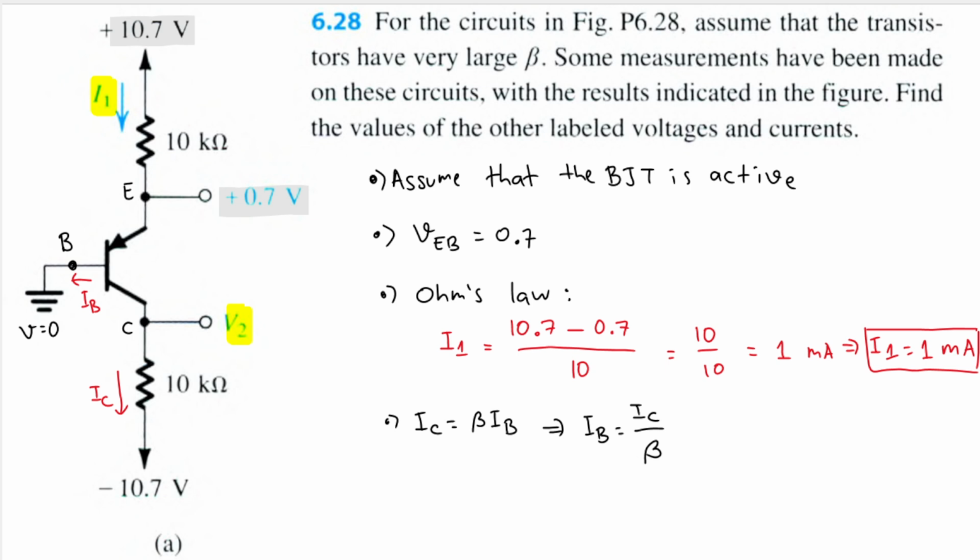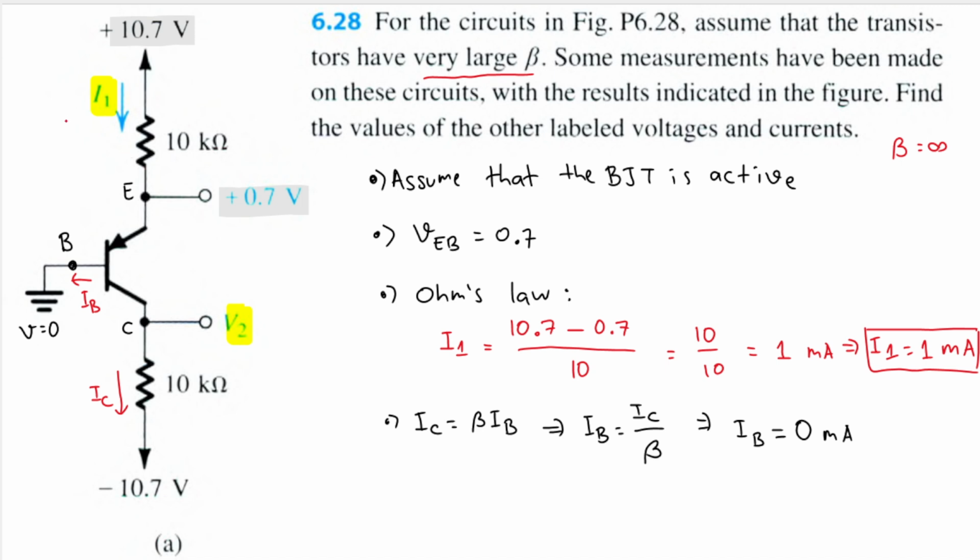Remember from the problem, we have very large beta, so we can assume that beta is infinity. That means IB is IC divided by infinity, which is just 0. So we will have 0 milliampere here.